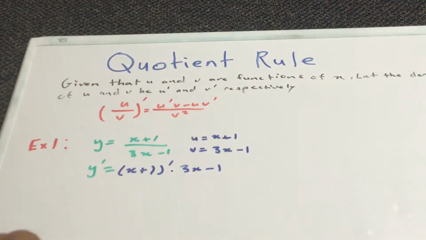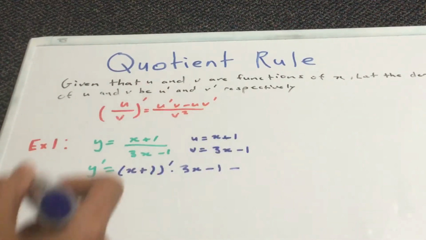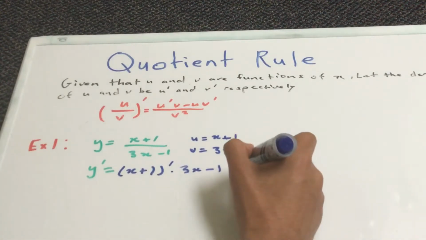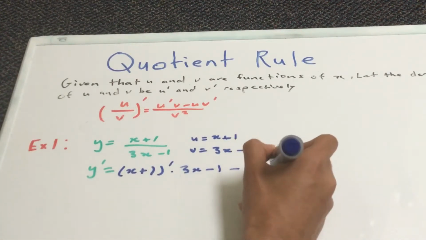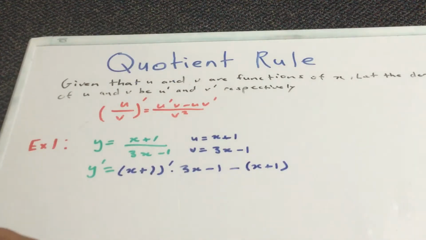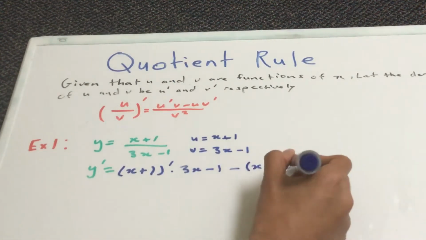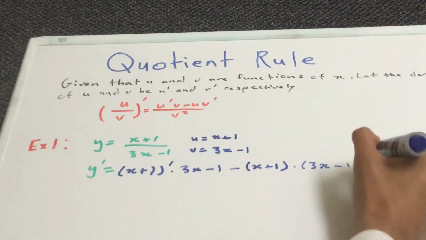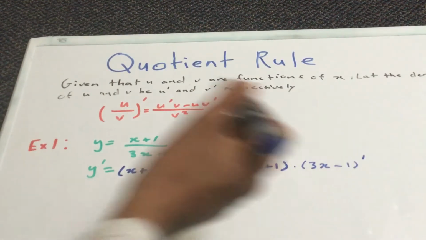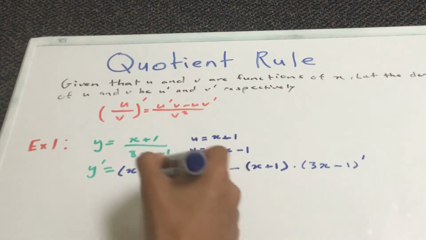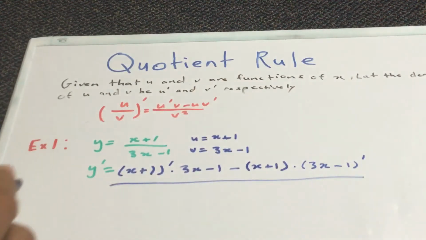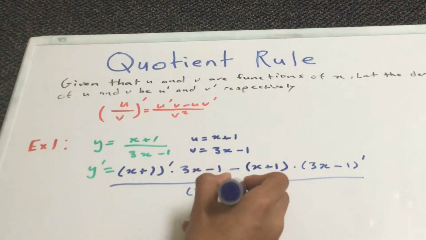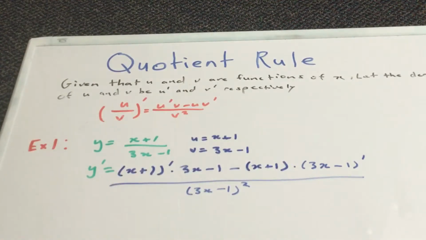And then you have to subtract u, which is x plus 1, and then you have to differentiate v, so 3x minus 1 with the dash, and now we have to go over v squared, so we take 3x minus 1 and we just square it. Okay, that's basically the beginning of it.